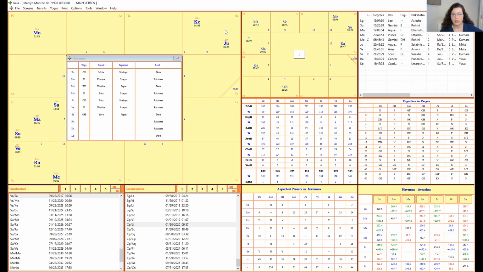So the sun going 8 places away can show that there's a lot of sudden breaks and changes and transformation with her sun, with her inspiration, with her sense of authority and power. So it could take a lot of sudden breaks or changes and transformation as well. So these are some things that we can look at to compare the Rashi with the Navamsha and see how the tree gets impacted.